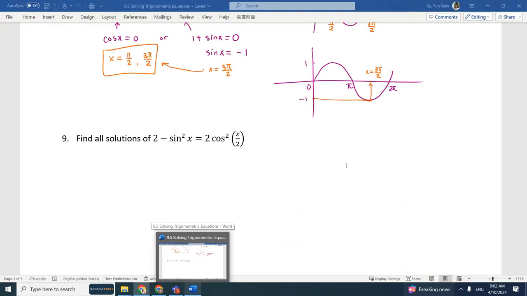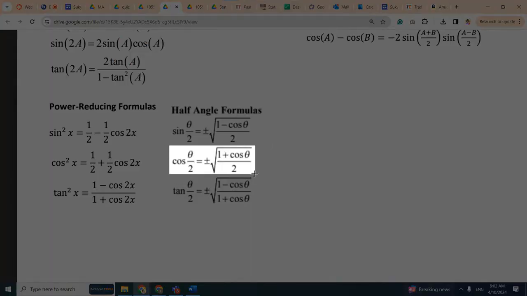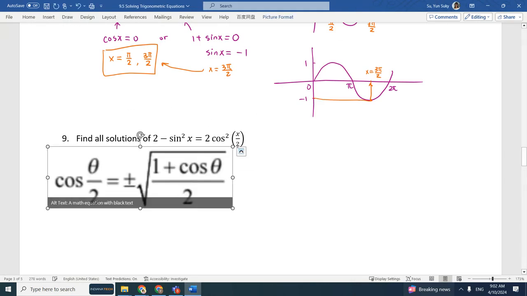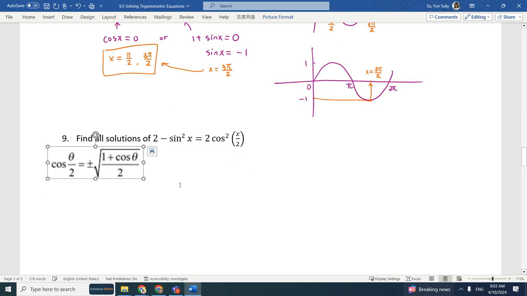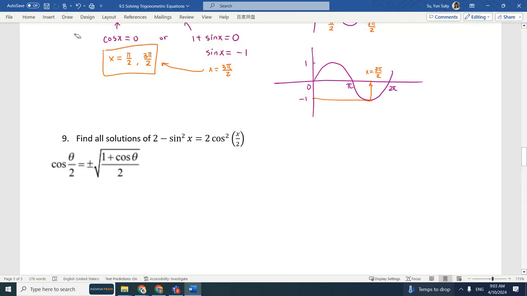It's about cosine. So let me print screen here. This is the cosine half angle formula. Now we can use this. What we have is the cosine square of x over 2.